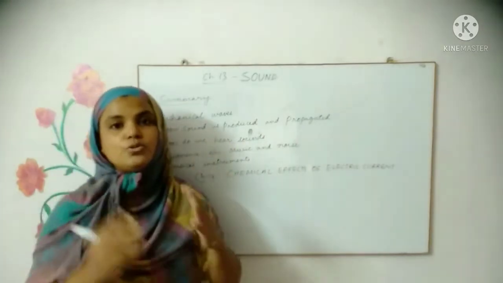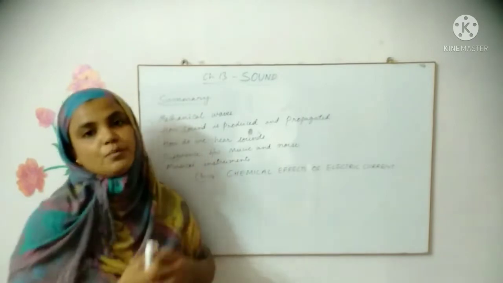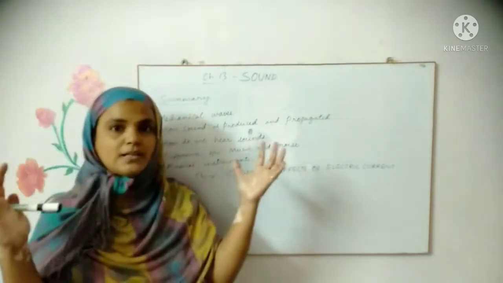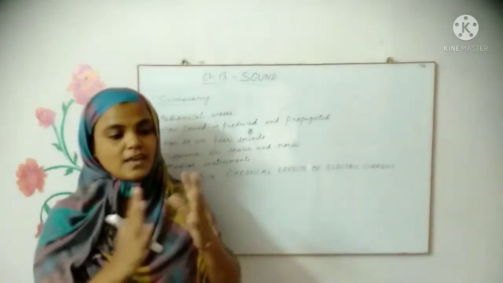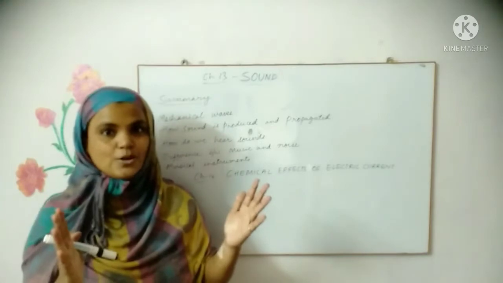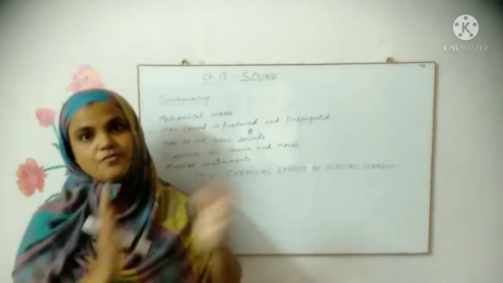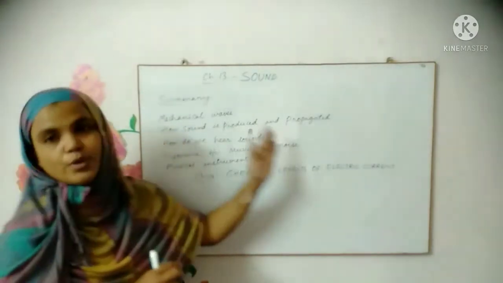Because of that, two distinct regions are formed when a sound wave propagates from one point to the other. Those are called compressions, where the particles are brought closer, and rarefactions, where the particles are a little free and relaxed. These compression and rarefaction regions move from one point to the other. So that's how a sound wave moves from one point to the other.